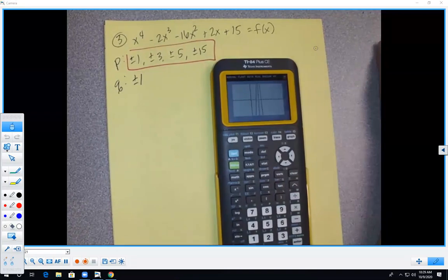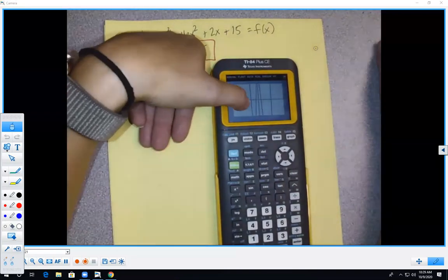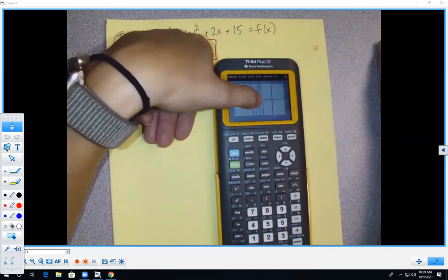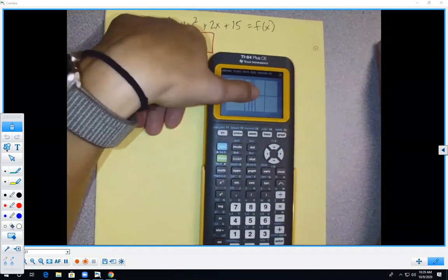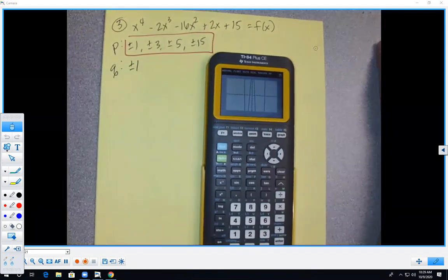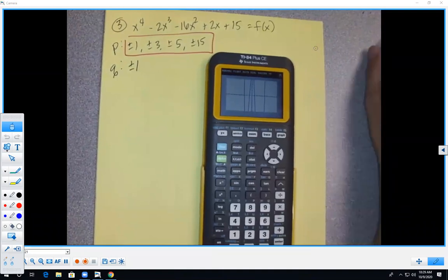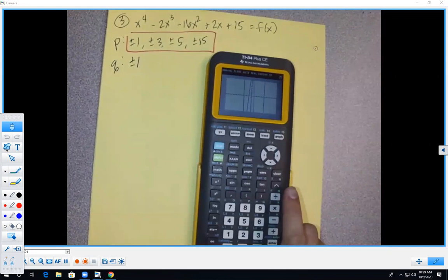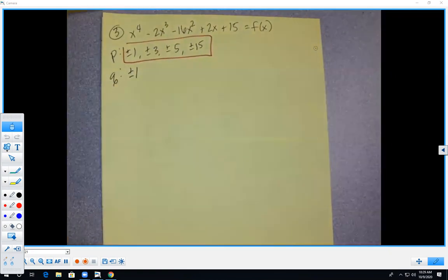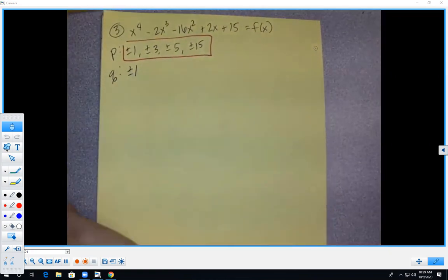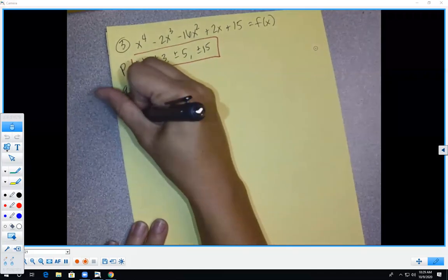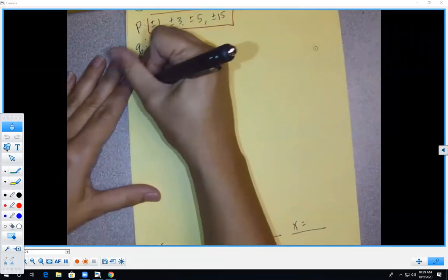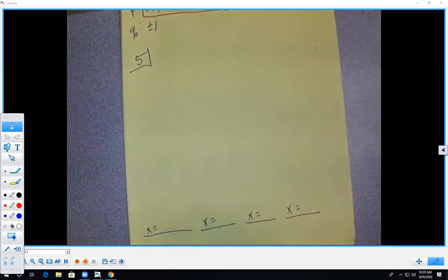Okay, so it looks like it crosses at -3, -1, +1, and 5. So pick one, it doesn't matter. What do you want to pick? 5. I pick one. You can do whatever. Let's pick 5. So I think that 5 is an answer. Let me go ahead and divide before I write it down as an answer, just to verify that it's an answer.